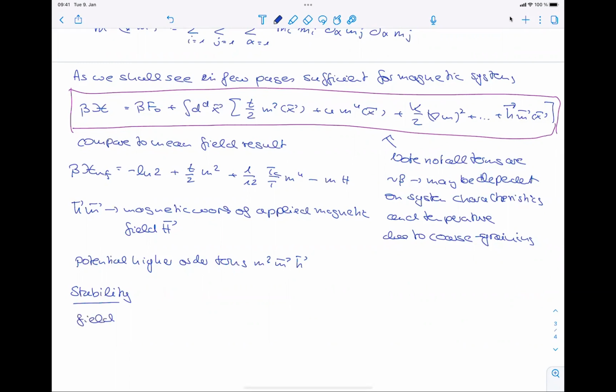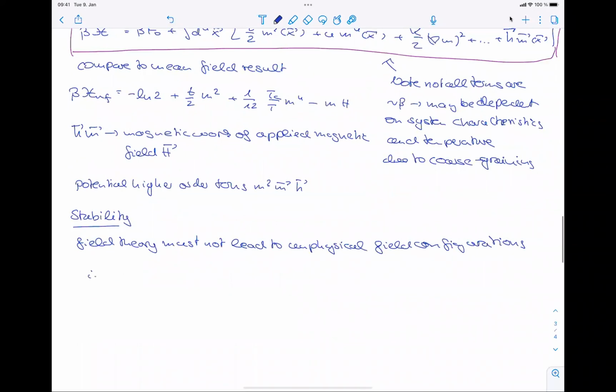So in field theory, we know, for example, that the weight of the field needs to be finite for m to infinity.